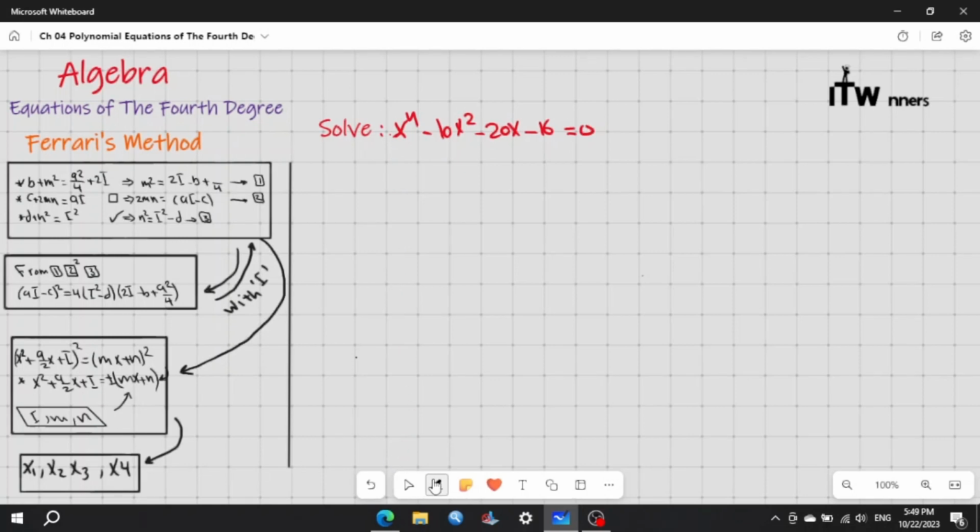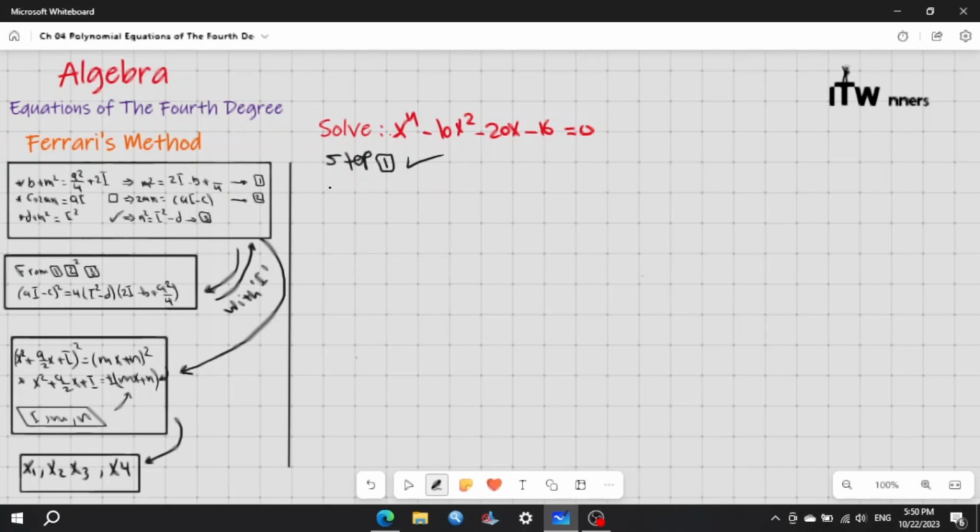Let's start with step 1. Step 1 is to transform this equation to another equation with a0 equal to 1, but we already have a0 equal to 1. So step 1 is performed.